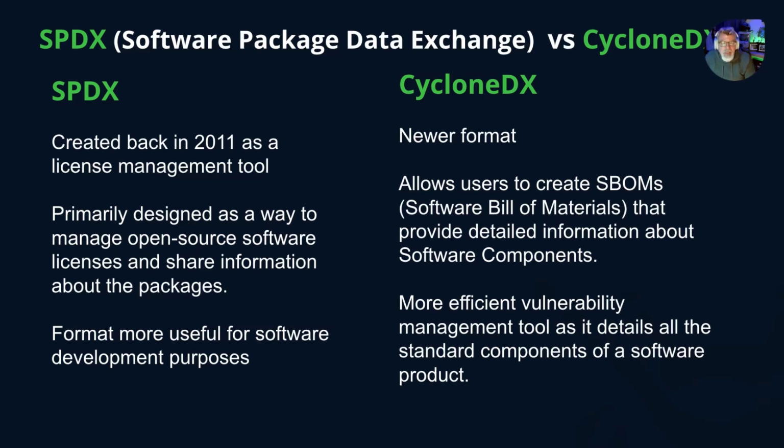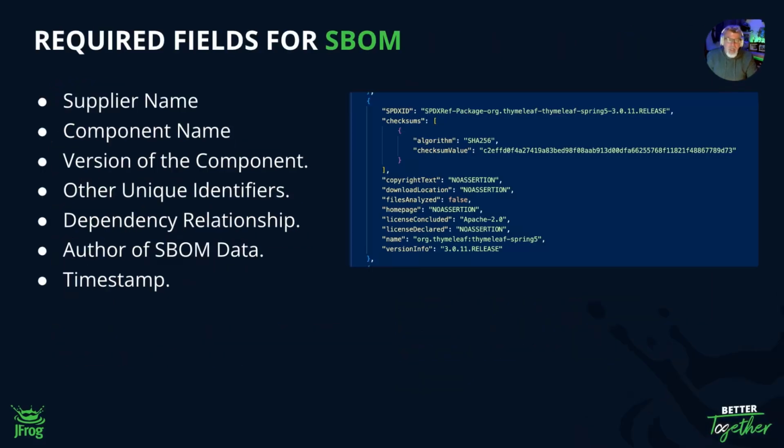SPDX is the oldest. It was primarily designed as a way to gather licensing information around open source packages. A newer format, CycloneDX, is used by most industries these days. It contains much more detailed information, and it also lists the tools that are part of it, so that when companies look at the software you provide them, they have a more detailed analysis of what makes up that software.